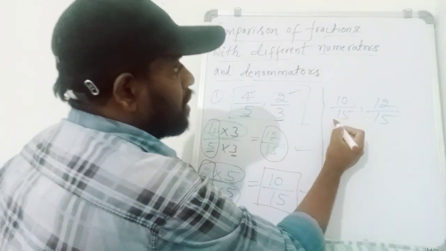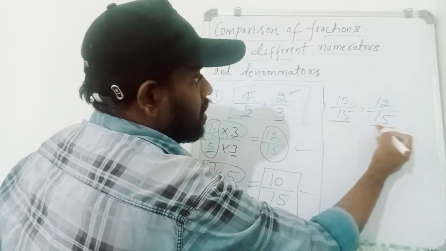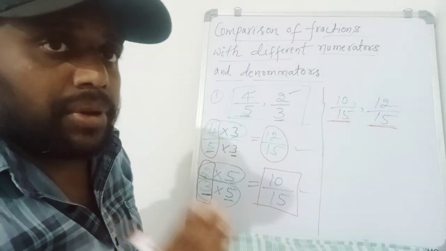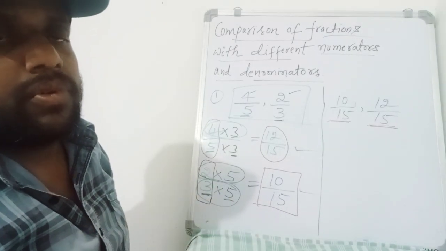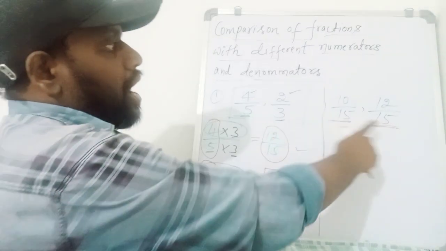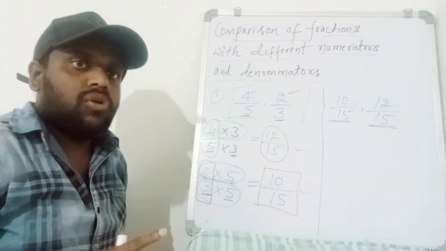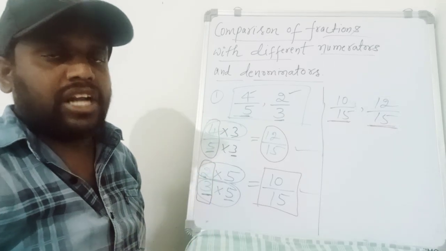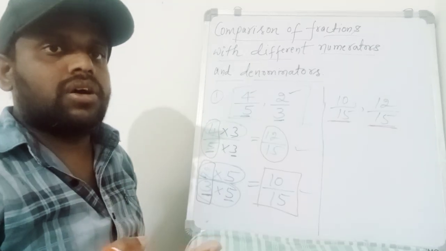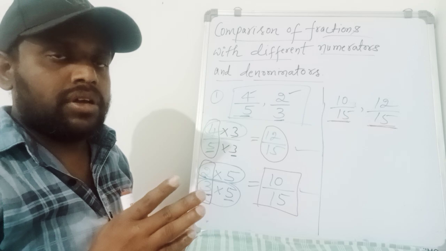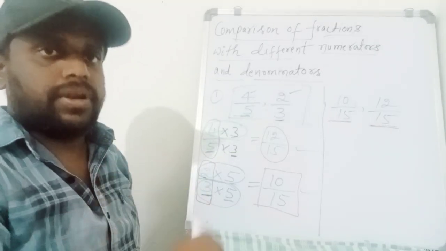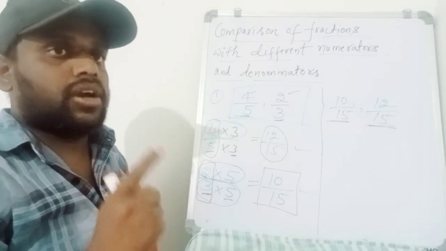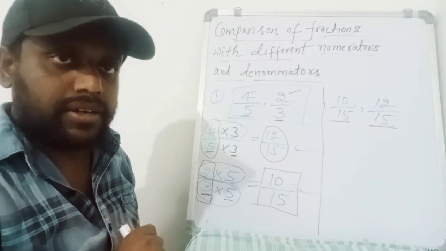See, denominators are same, here also 15, here also 15. When denominators are same, we can compare the fractions easily. I have already explained this in a video, comparing fractions when denominators are same. If you want that video, you can check it. It comes on the top of the screen.